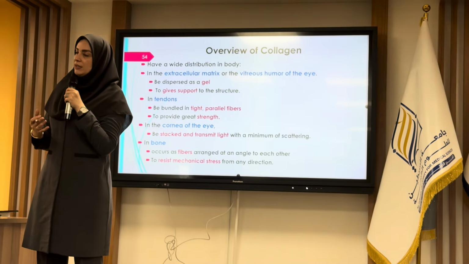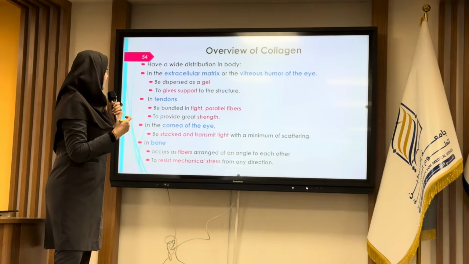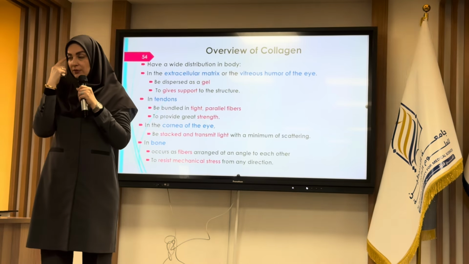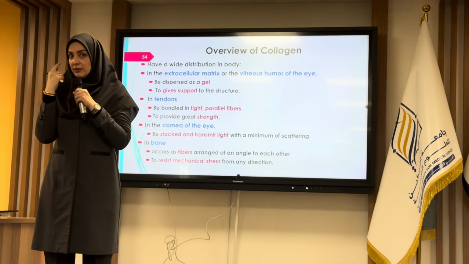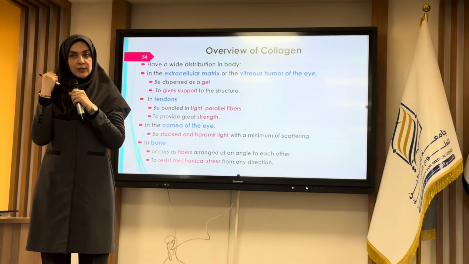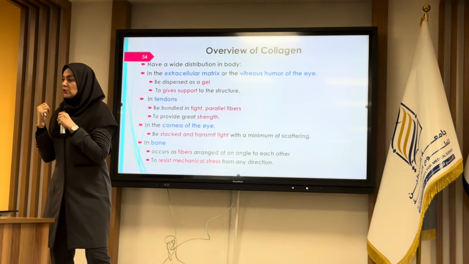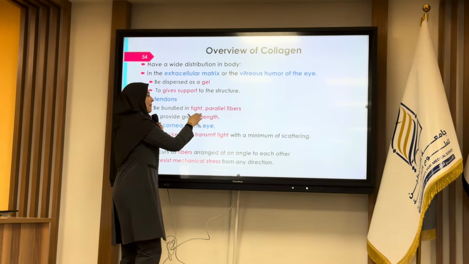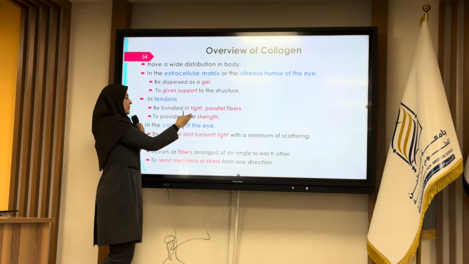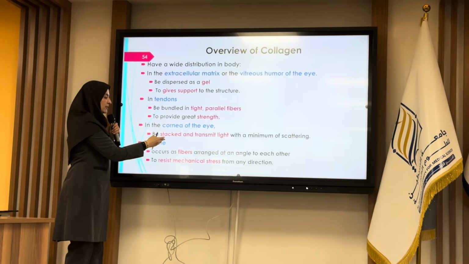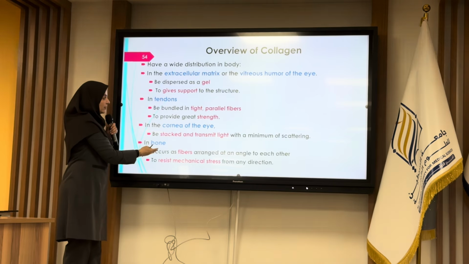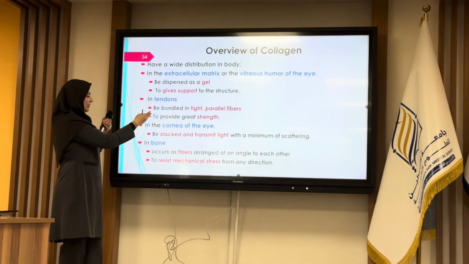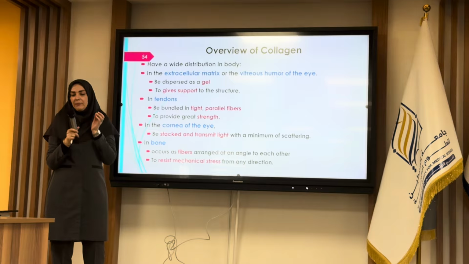Sometimes it forms a gel, for example, in the vitreous humor. Do you know what a vitreous humor is? Okay, vitreous humor. And also, for example, they present as some parallel fibers, they provide strength, and sometimes they are present in the eye, in the bone, in different places, for example, in a tendon.